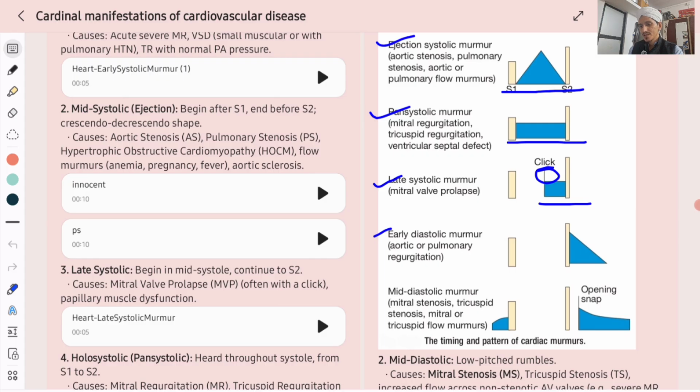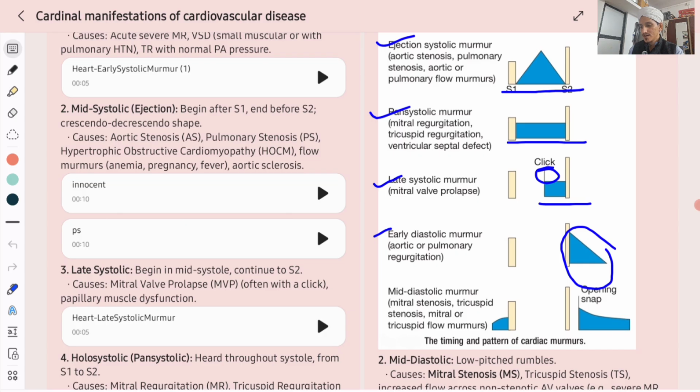Okay, this is from Davidson actually, and this is from Harrison. Okay, this is nothing but aortic regurgitation. So it will be like this: early regurgitation murmur.